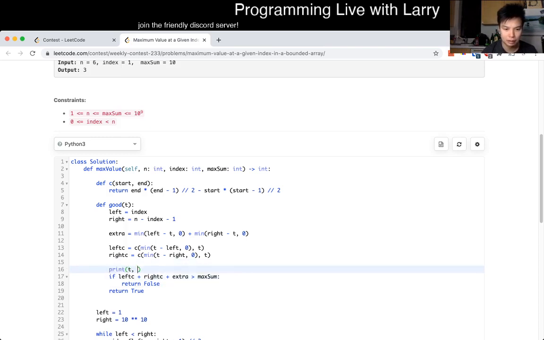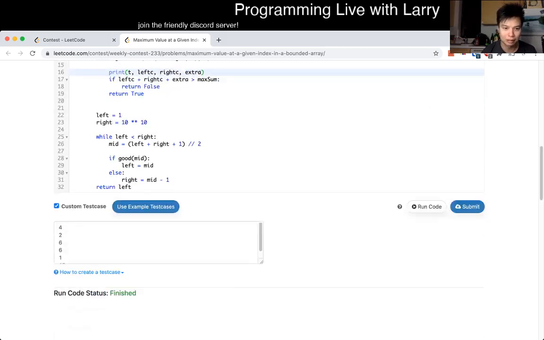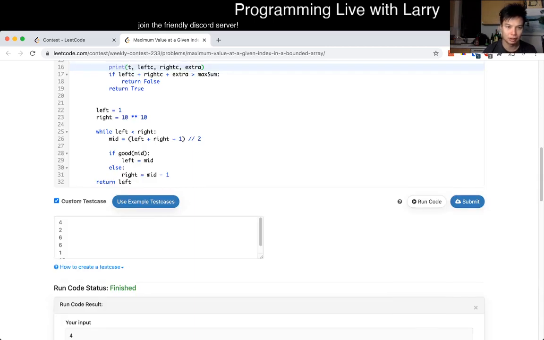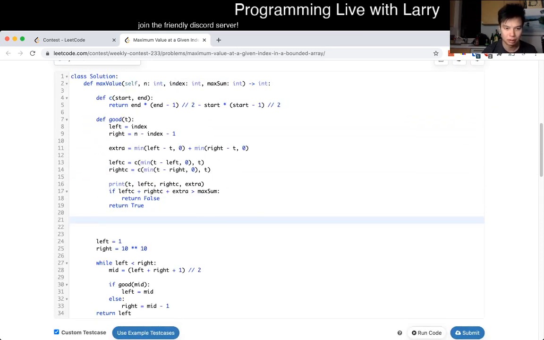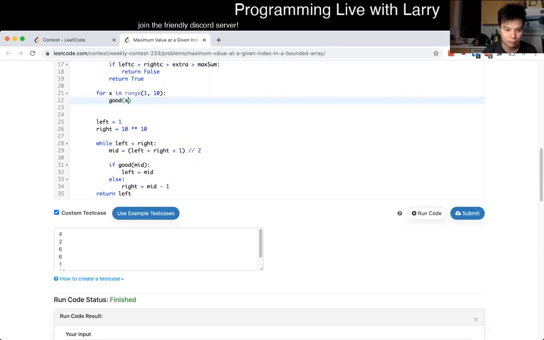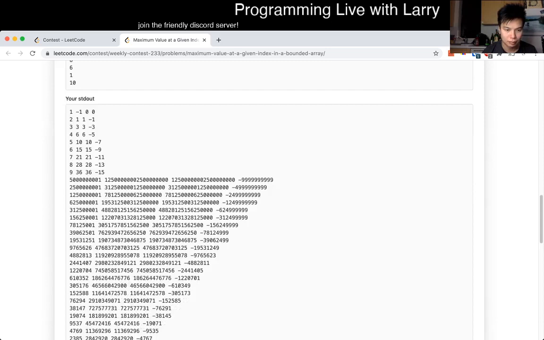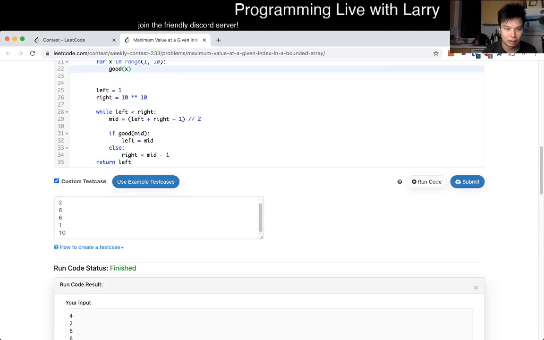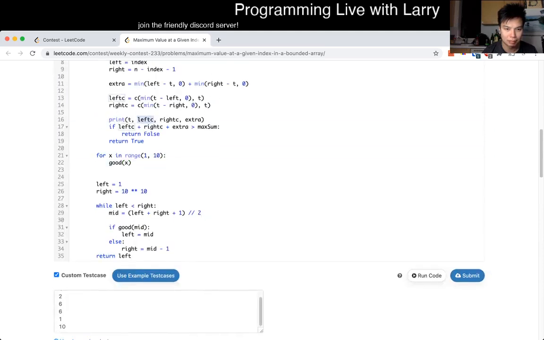Left C, right C, extra. Okay, let's at least take a quick look. These numbers are ridiculously big, so let's do a for loop to C, to C, to C. Okay, so if the max number is 1, the left C is -1, which is probably not what we want.